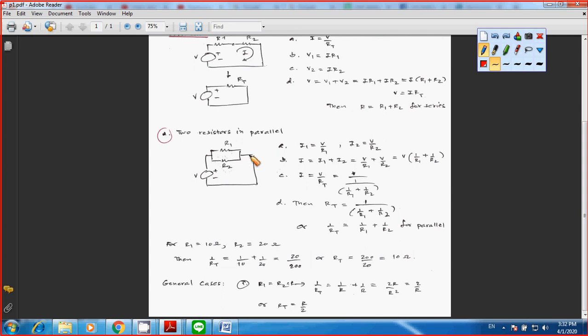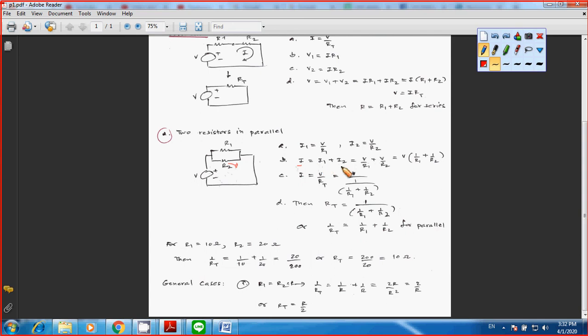And from this point, you can calculate the current I1. That's going to be equal to the supply voltage divided by R1. Same as R2: the current flowing through R2 is going to be equal to V divided by R2. So the total current in your circuit is going to be equal to I1 plus I2.